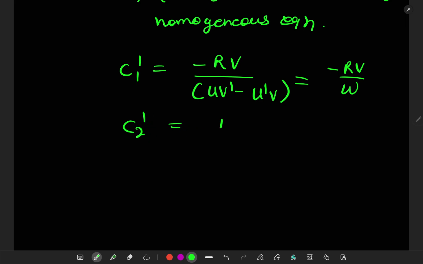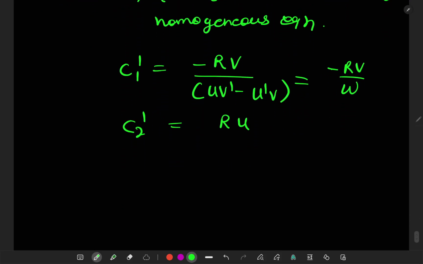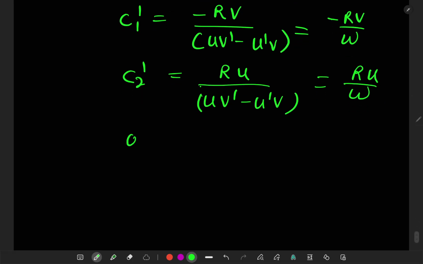Here C2 dash is equal to R U divided by U V dash minus U dash V, equal to R U divided by W. Here W is the Wronskian matrix, so it can be written in this form.